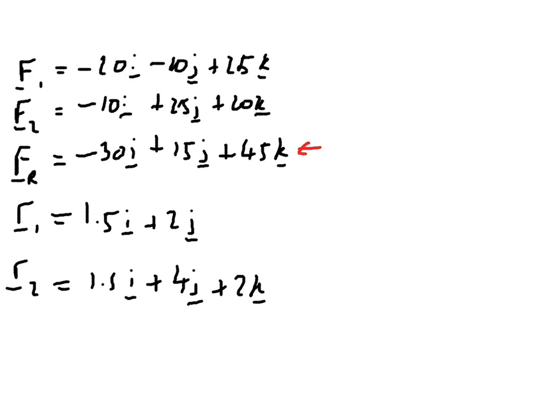Then all we're going to do is form two matrices, one for each moment: the moment caused by the first pair, force and displacement, and the moment caused by the second pair, force and displacement vector. So it will look something like this.